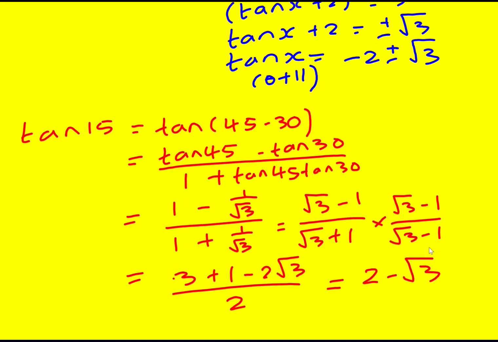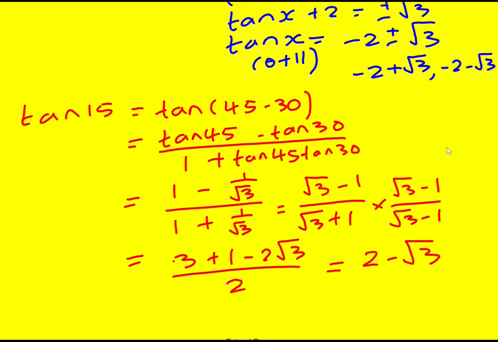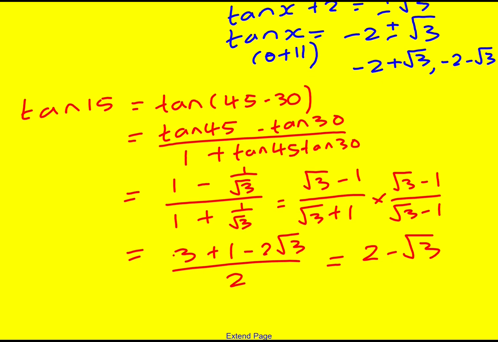Okay, now I don't actually have that. I've got minus 2 plus root 3, or minus 2 minus root 3. But I nearly have it, and actually tan of minus 15 would be the negative of this. It would be minus 2 plus root 3. So that will work.